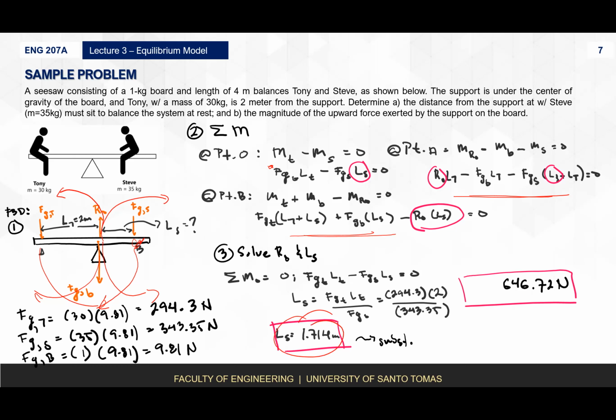Then after that, you substitute that. Yung pala given lahat, ano? You substitute it to either of the equations na meron ka dito at point B or point A, and you'll have RO na 646.72. So far, so good. Malinaw naman yung process.